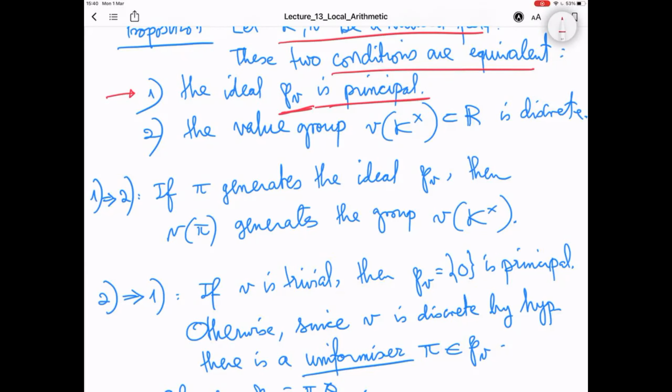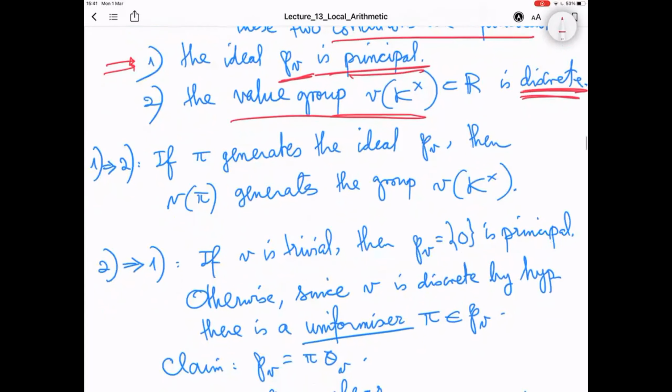And the second condition is that the value group is a discrete subgroup of R. The value group is a subgroup of R. It could be discrete, it may fail to be discrete. And the ideal P_V is principal precisely when this subgroup is discrete.